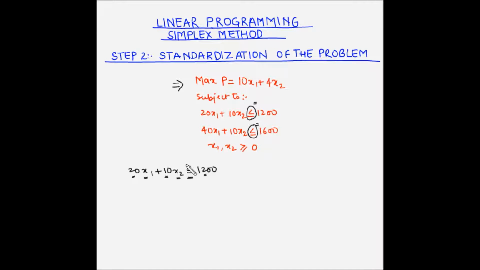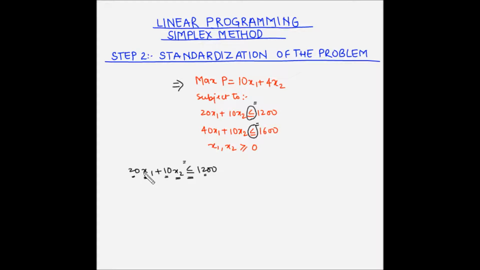So basically this can either be equal to, that means the quantities of type A and type B gears consume exactly 1200 minutes of production time in the blanking shop, or we can have quantities x1 and x2 in such a way that the total time taken is not equal to 1200.